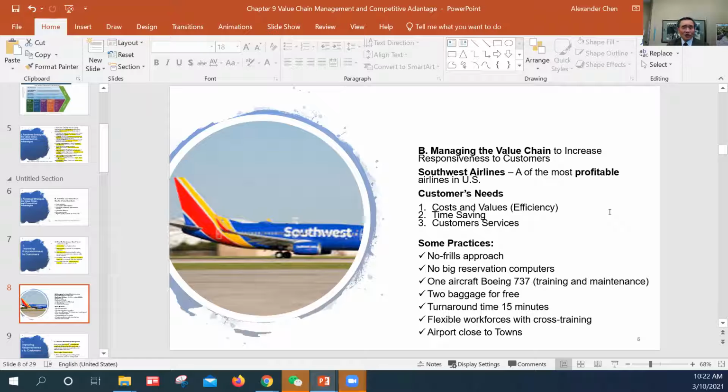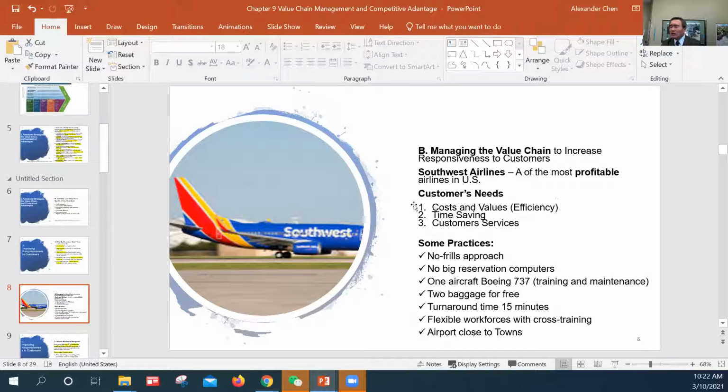It started 30 years ago with three cities: Houston, Dallas, and San Antonio, three of the top cities of Texas, and now it has become one of the most profitable airlines. How did they do it? Their core value is customers' needs.